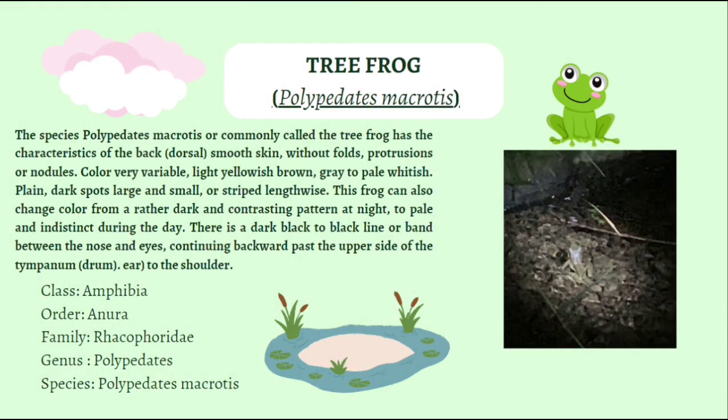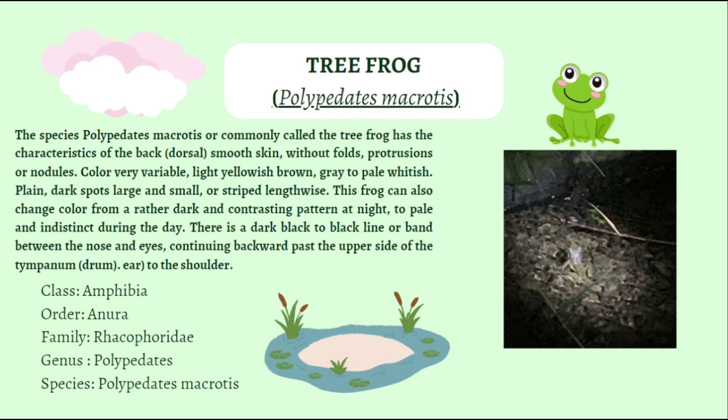Tree frog or Polypedates macrotis. These species are commonly called tree frogs and have smooth skin without folds, protrusions or nodules. Color is very variable: white, yellowish, brown, gray to pale whitish, with plain dark spots, large and small.